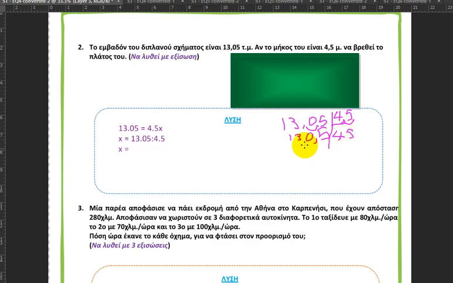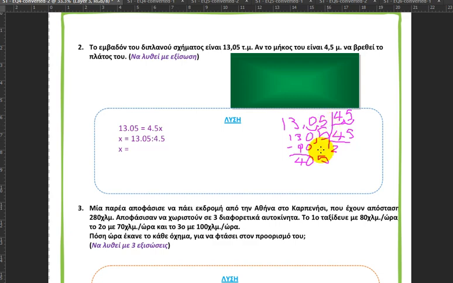Alright. I'm going to try 2. So 2 times 45 is going to be 90. That leaves 40, which is less than 45, so I can continue. Carry down the 5. 45 is going to fit into 405.